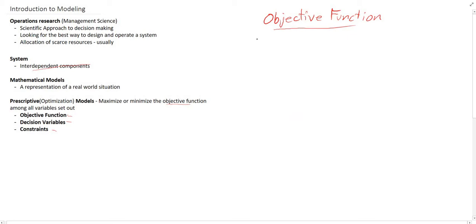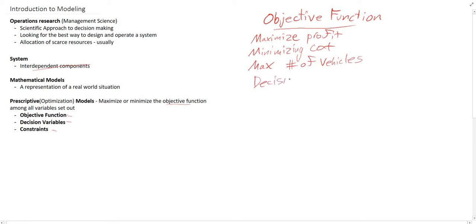In most circumstances, you're going to be maximizing profit or minimizing the cost to make a certain good. Another example of this would be to maximize the number of vehicles at an intersection.